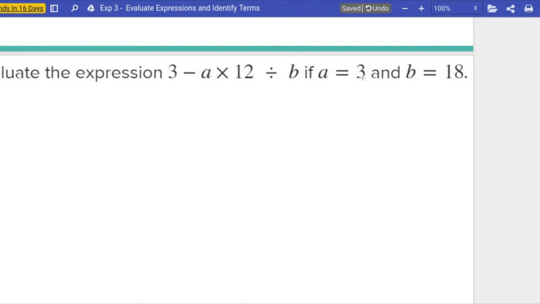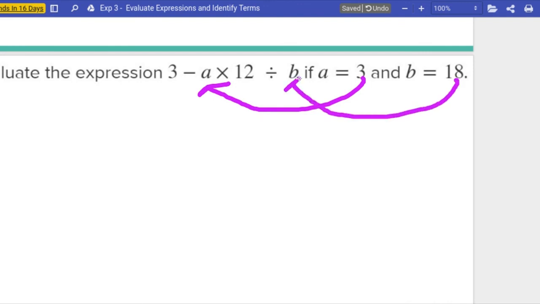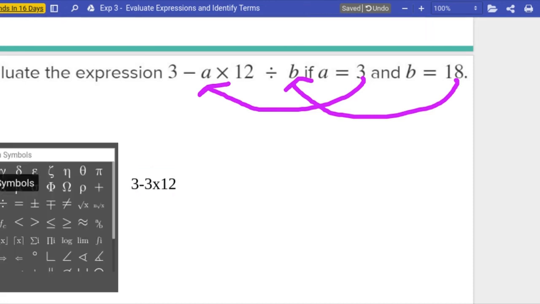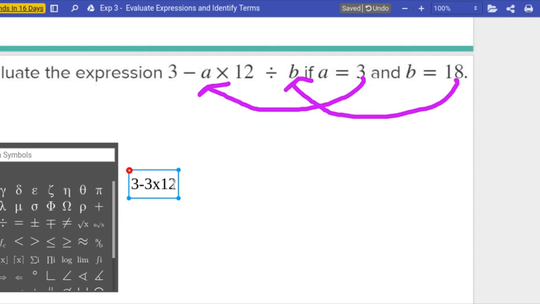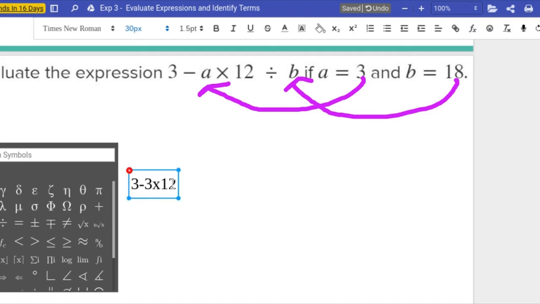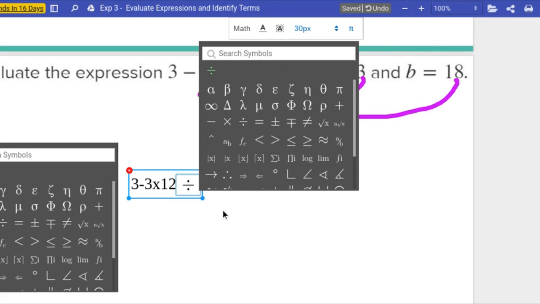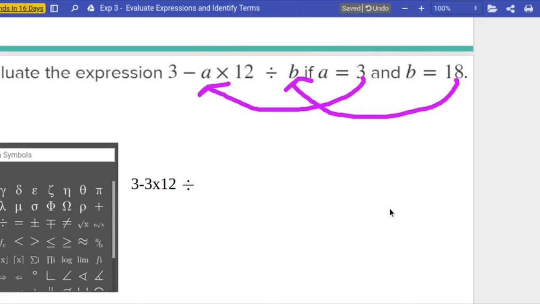Okay, we're going to substitute 3 in for A and we're going to substitute 18 in for B. So as we retype those here, we have 3 minus 3 times 12 divided by 18.